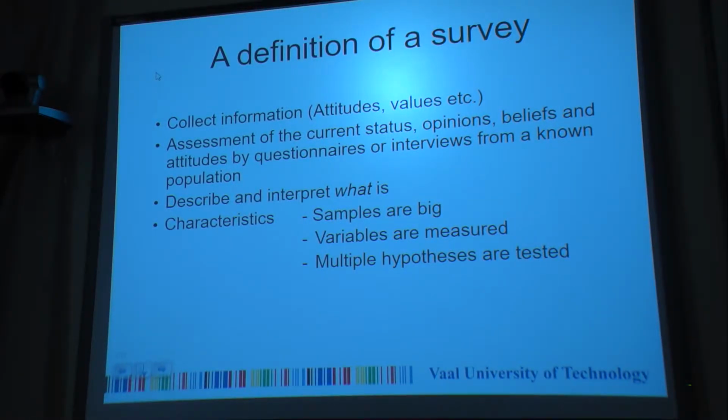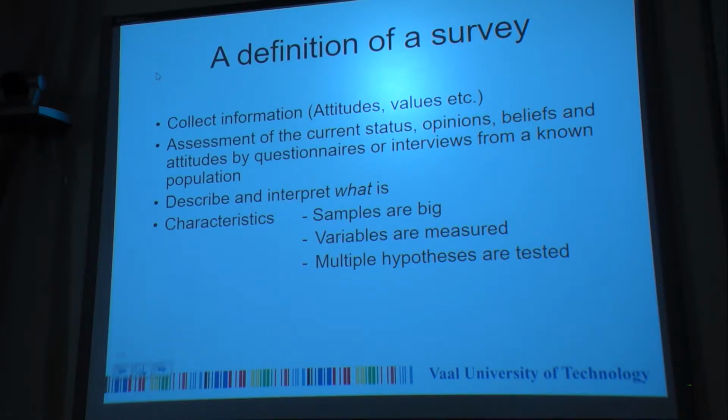The characteristics of a survey: samples are usually big. Especially if we use a questionnaire, then we will have a big sample. Variables are measured. Those variables that you find in your research question that we talked about yesterday, the dependent and independent variables, they are measured by means of the survey or a questionnaire or in an interview.